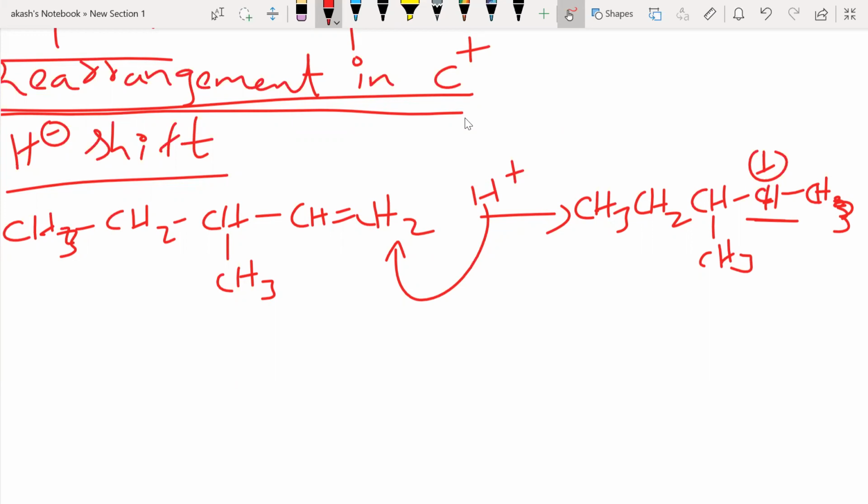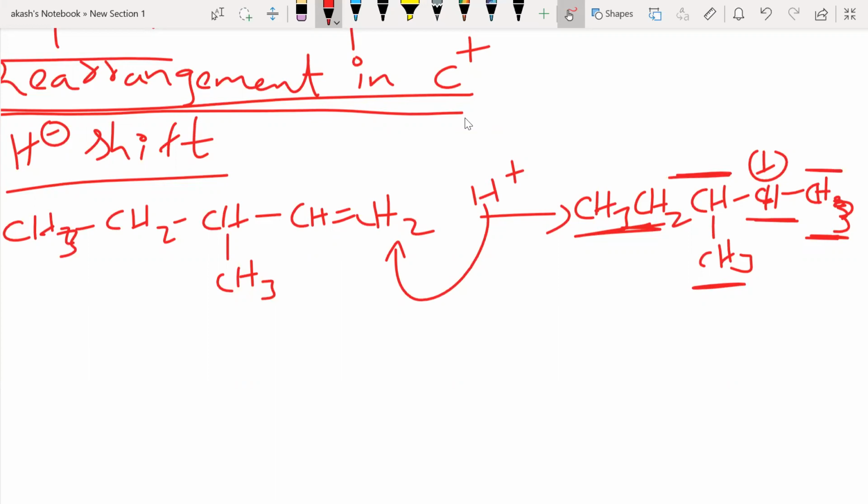You can take the H minus or the R minus or go for ring expansion only from the carbon adjacent to the carbon atom which is having the charge. You cannot shift the hydrogen from other carbon atoms, only from the next carbon atom, either this or this.